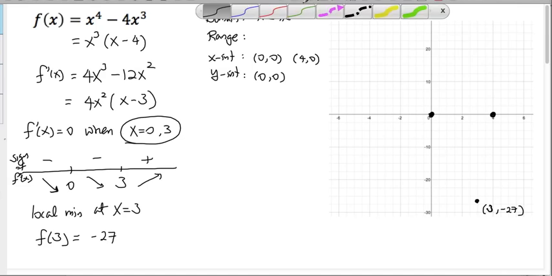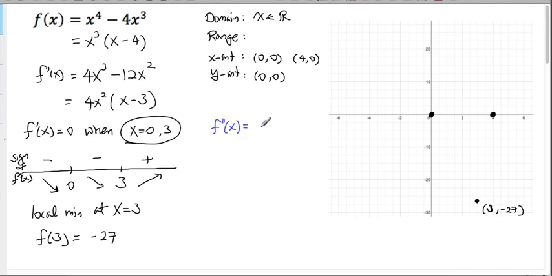And I'll just change colors here so I can mark on this side. F double prime of x is equal to 12x squared minus 24x. I'm going to factor out 12x. It's x minus 2. So f double prime of x is 0 when x is 0 or 2.